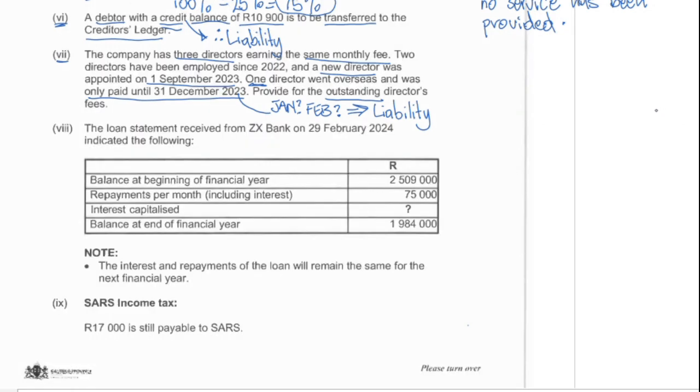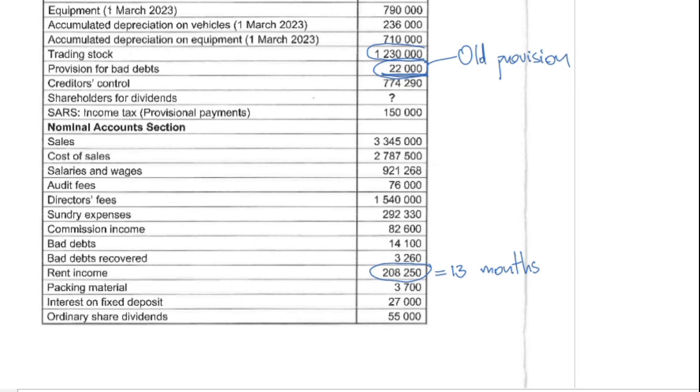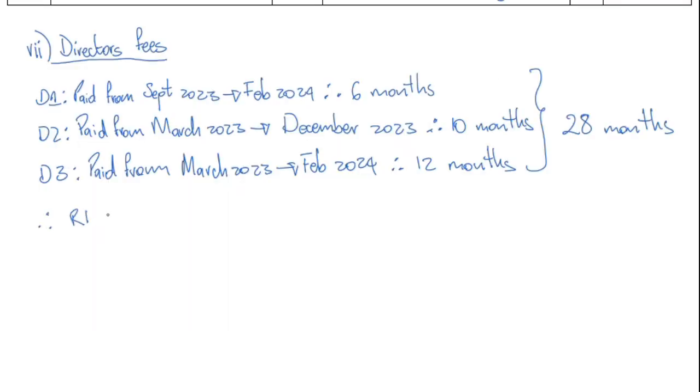In the extract from the pre-adjustment trial balance, we are told that the current total for director's fees is 1,540,000 rands. So this means that this 1,540,000 rands is for 28 months. If you want to find the monthly fee for each director, we can say monthly fee equals total fees divided by total months.